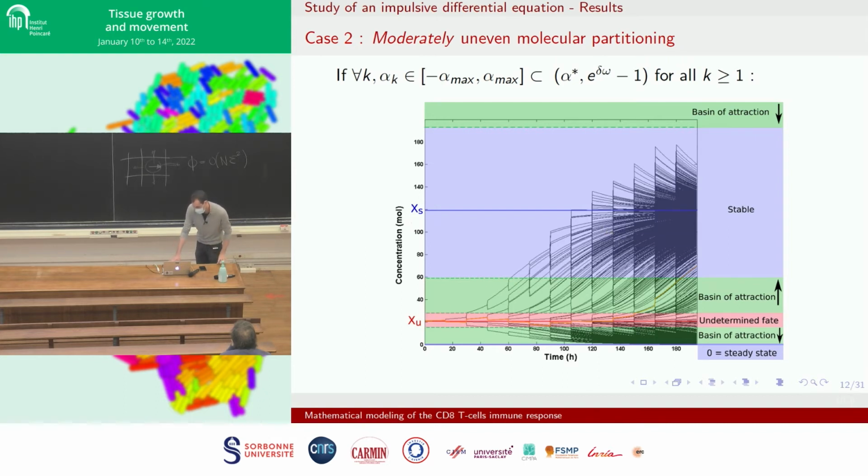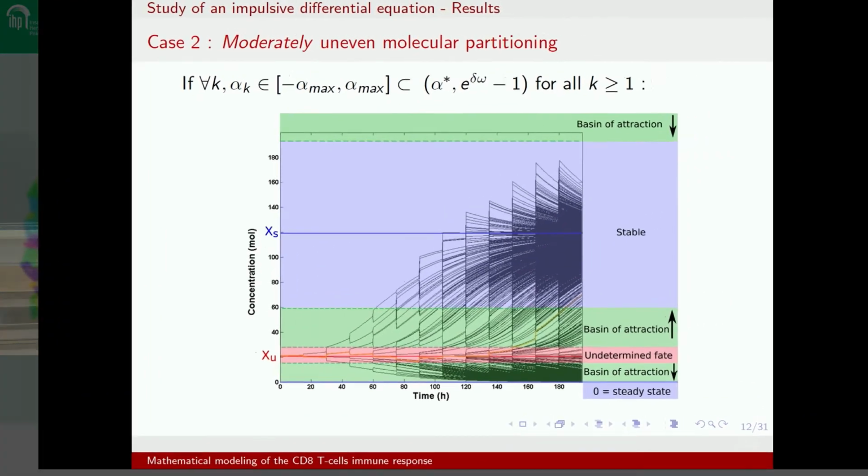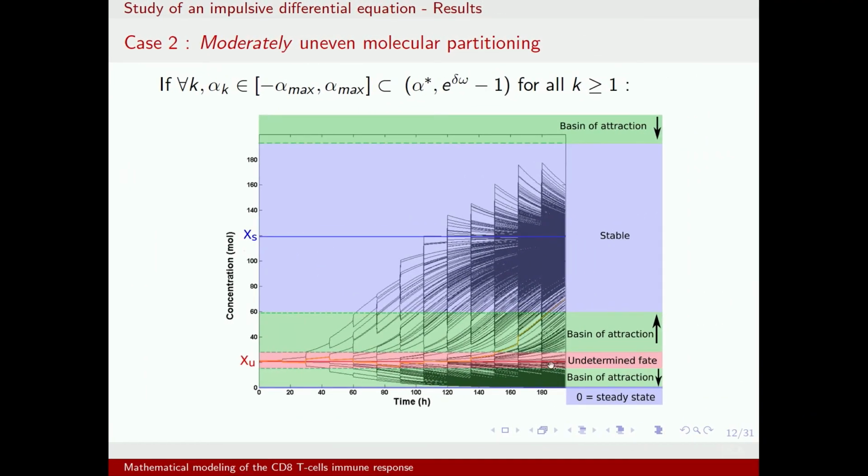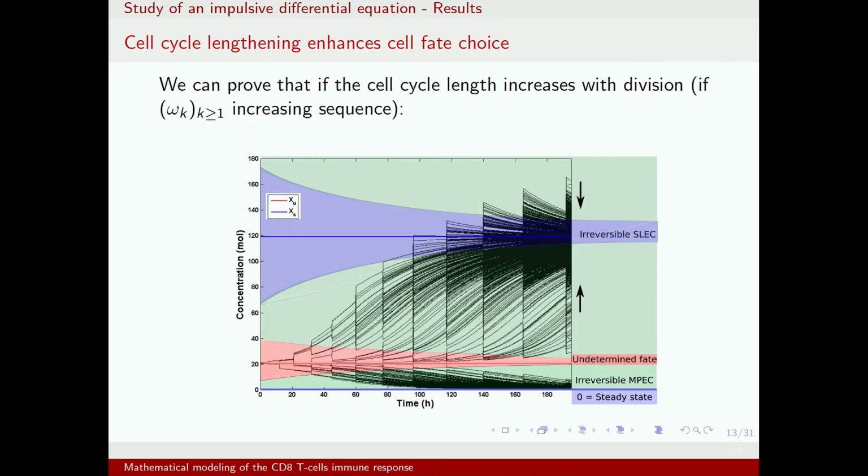A last interesting result on this equation is that actually the longer the cell cycle, the thinner the red region here. So we know that during the immune response, cells are proliferating very quickly in the beginning of the response and then slow down progressively their cell cycle as the response evolves.